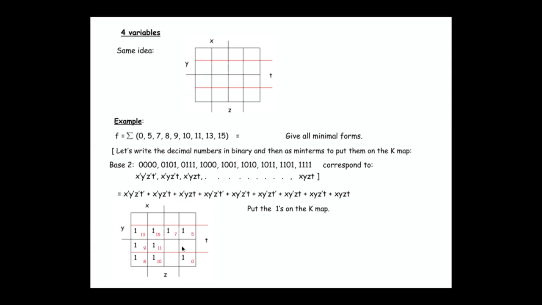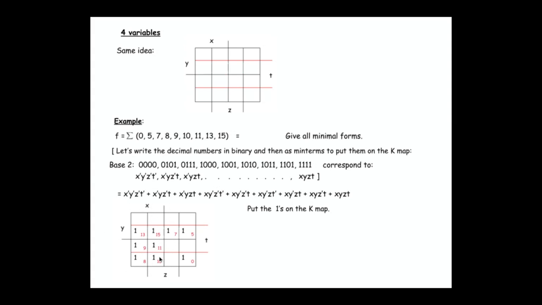So for example, let's pick square 11. It's this one. It's 7th in the sequence, and it's x complement, y, z, t. So x complement, y, so it's this area.